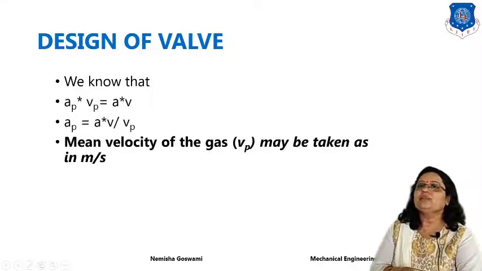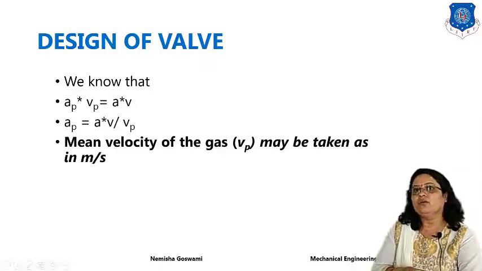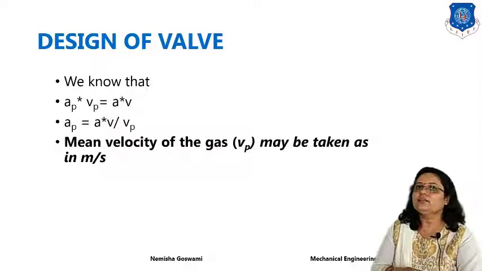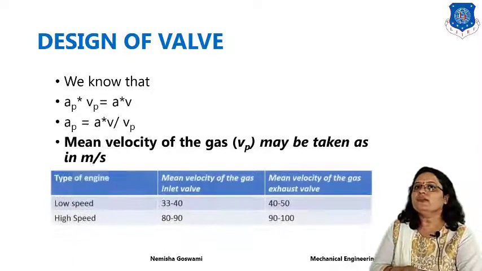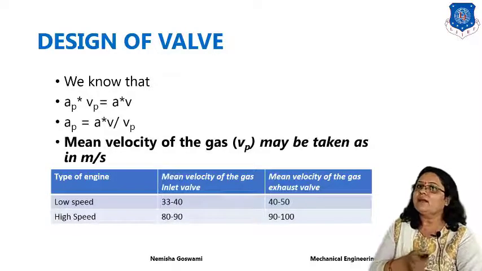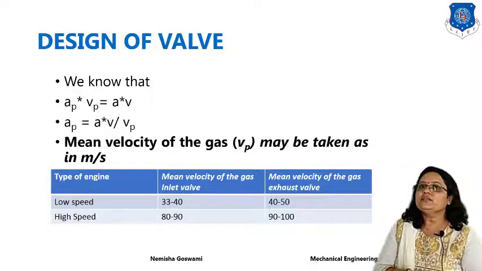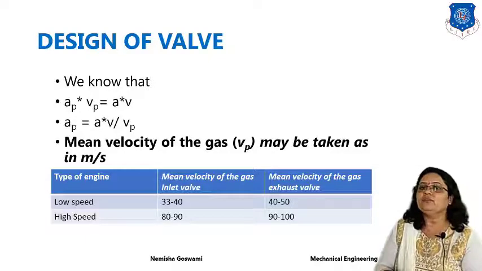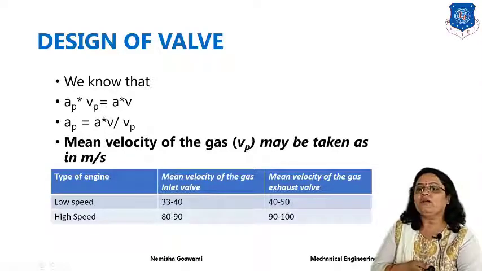A_P is your area of port, which is equal to the discharge of the piston divided by the mean velocity of the gas flowing through the port. The mean velocity we have already seen in the last lecture for low speed engines and high speed engines, for the particular case of the inlet valve and the exhaust valve.